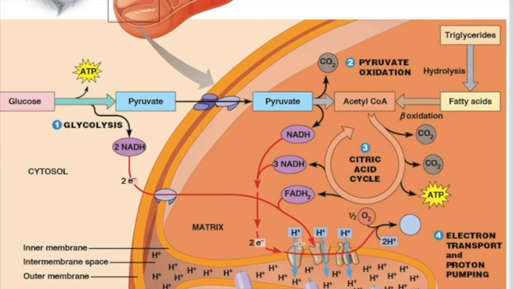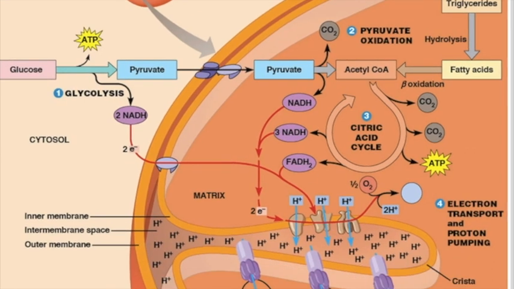Importantly, the electron transport chain and the proton pumping actually generates the majority of the ATP. So when they talk about those 36 to 38 ATP that are being generated, the lion's share is really being generated by these little ATPase pumps, these little protein complexes that are present on the inner membrane of the mitochondria.